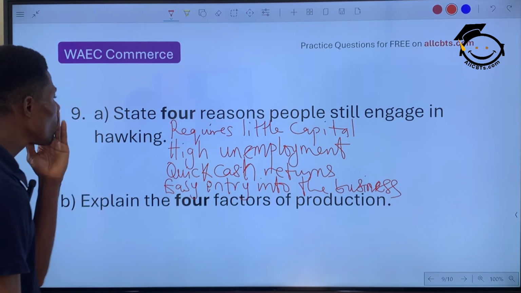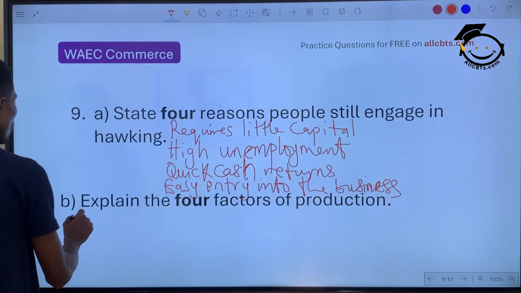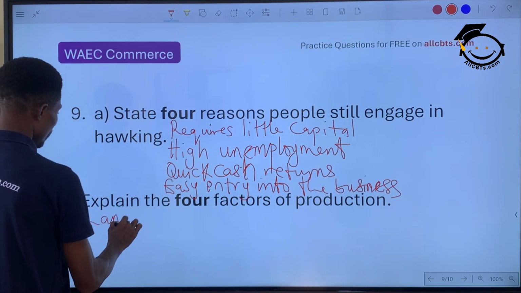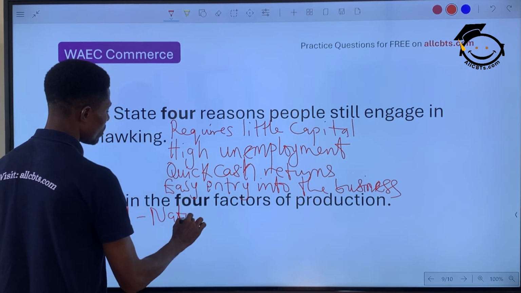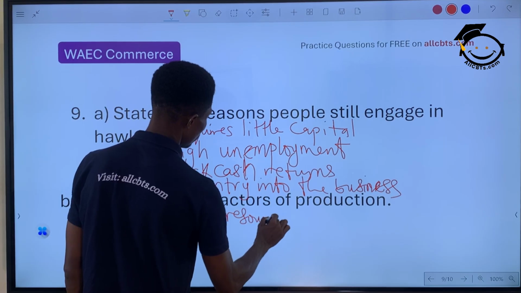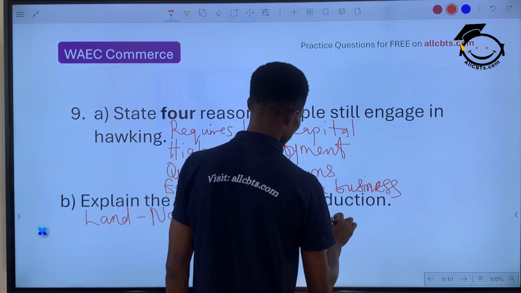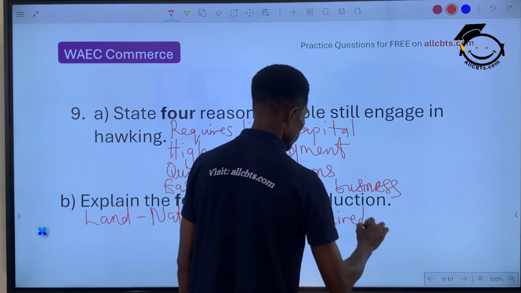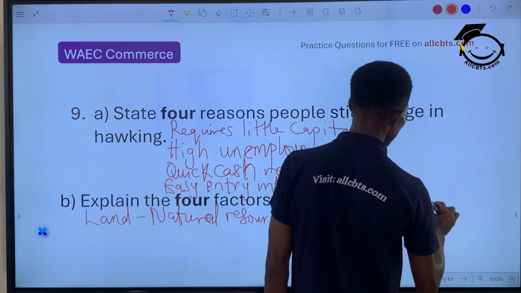Now, let's explain 4 factors of production. What are the 4 factors of production? The first one we call land. Land is natural resources required for production of goods and services.